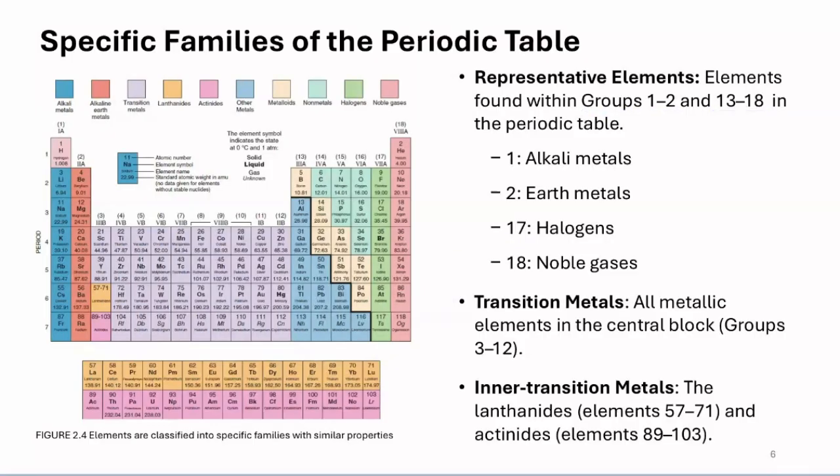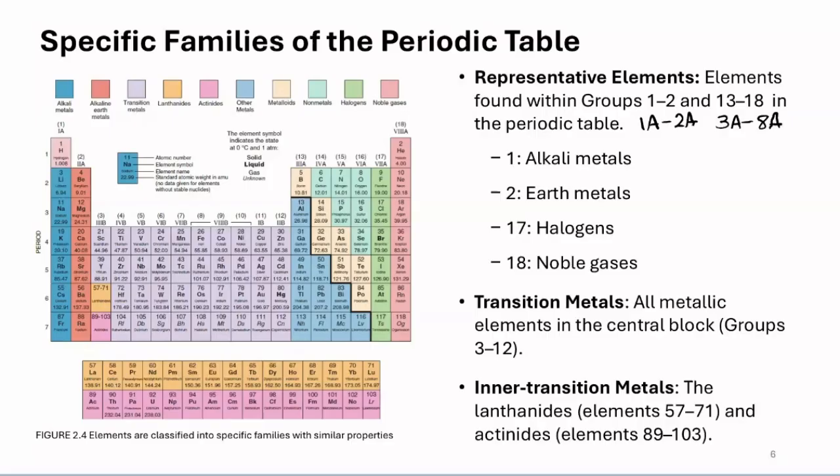If I use the number and letter designations, that will be groups 1A through 2A, and 13 through 18 is the same thing as saying 3A to 8A.